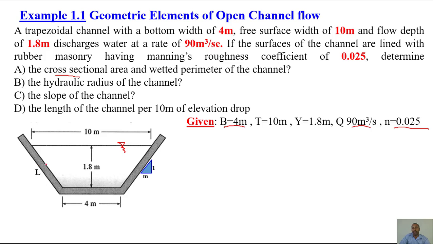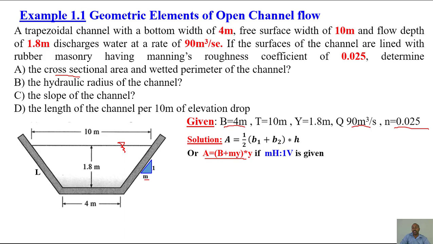So from geometry, we know that the area of a trapezoidal section is (B1 plus B2) over 2 times H. We know this. If M is not given, you can apply geometry. So you have half of base 1 plus base 2 times H. Or if you have side slope M, you have this formula again: (B plus My) times Y. If M horizontal, 1 vertical side slope is given, you can use this one.